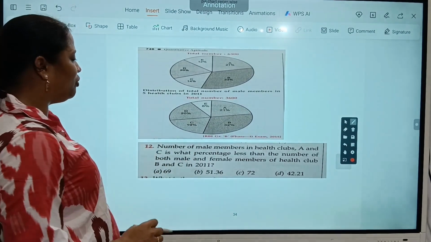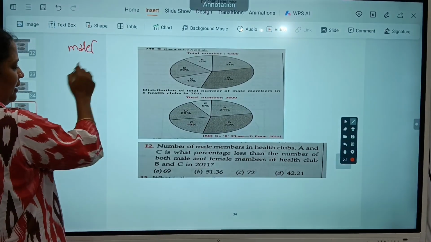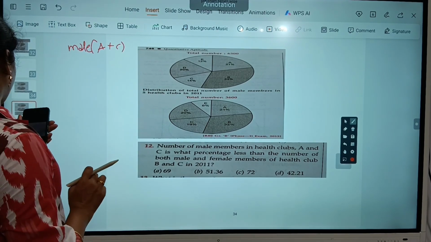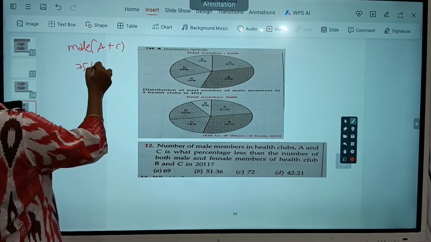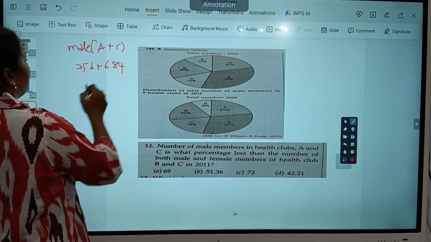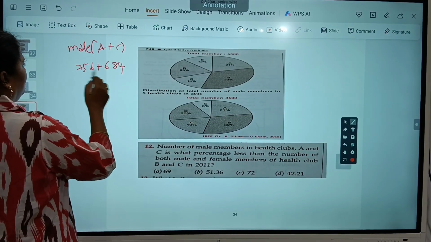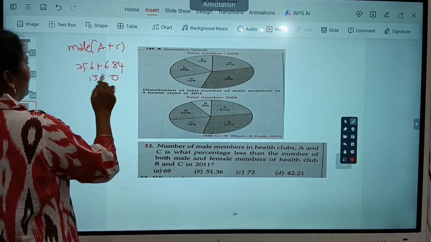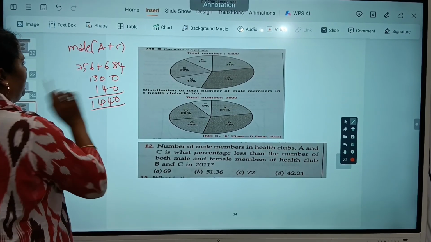So here what we have to do, number of male members in A plus C we have to do first. Okay, male members in A plus C it is 756 plus 684. So this is nothing but 1300 plus 140, 1440.